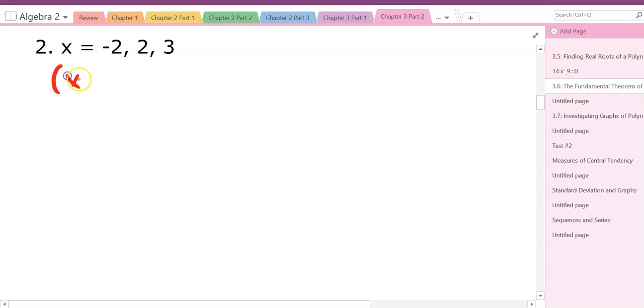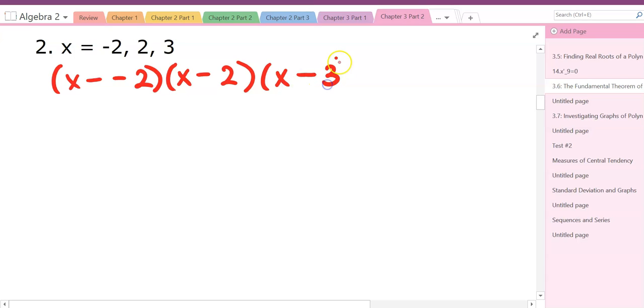We're going to do x minus -2, x minus +2, x minus +3. The only one that you could maybe change is the first, because it's got those double negatives again. So I'm going to do x plus 2 for that one. I'm going to leave the other ones alone.